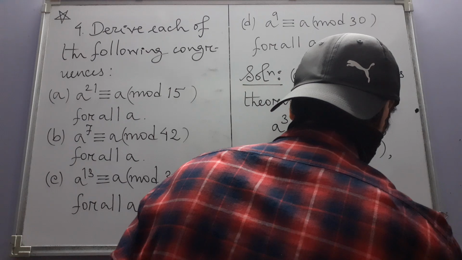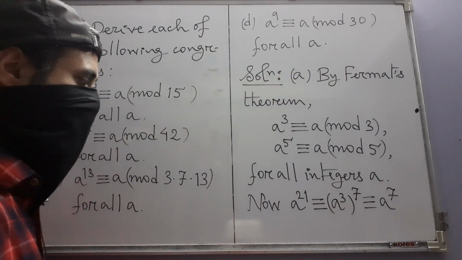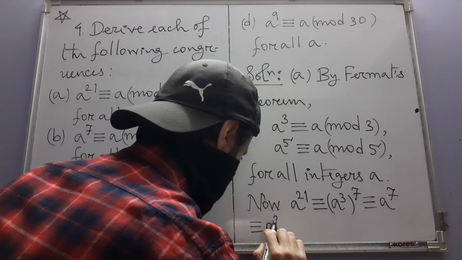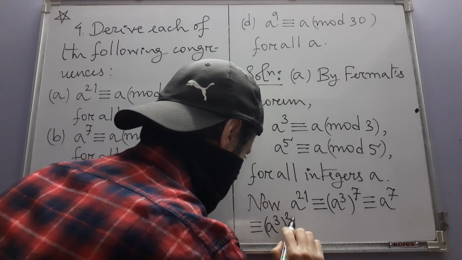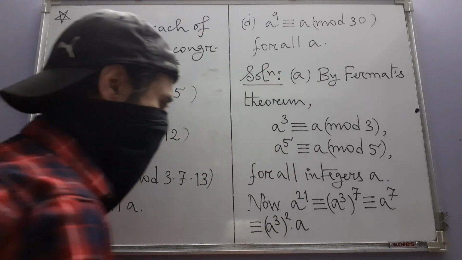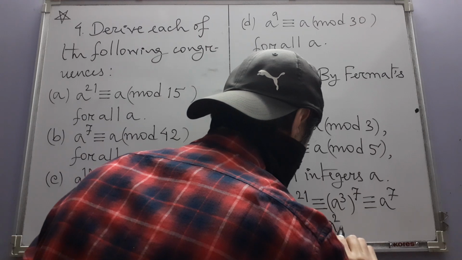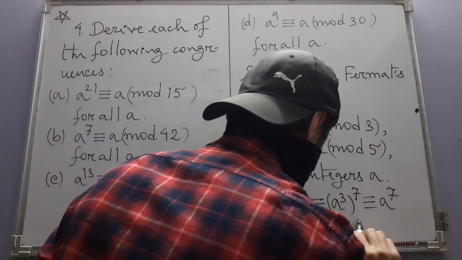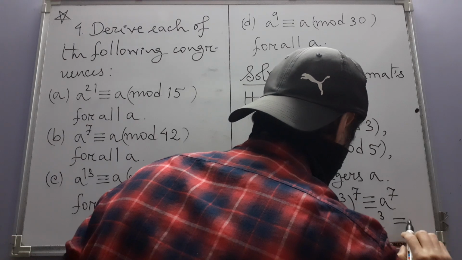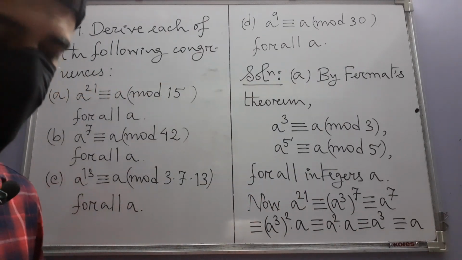So this becomes a to the power 7, which itself can also be written as a cube whole square times a. Again a cube can be replaced by a. So that gives us a square times a. Again becomes a cube, which is again finally congruent to a modulo 3.